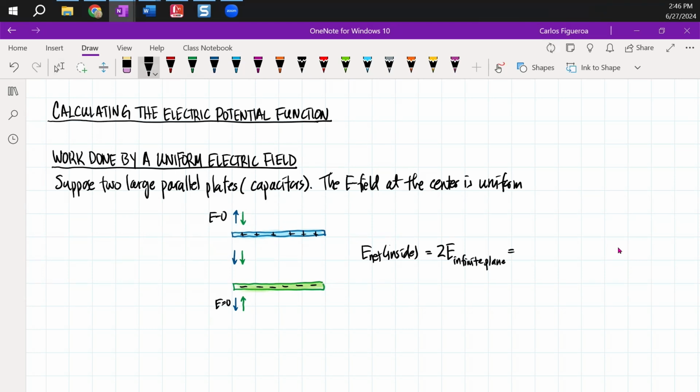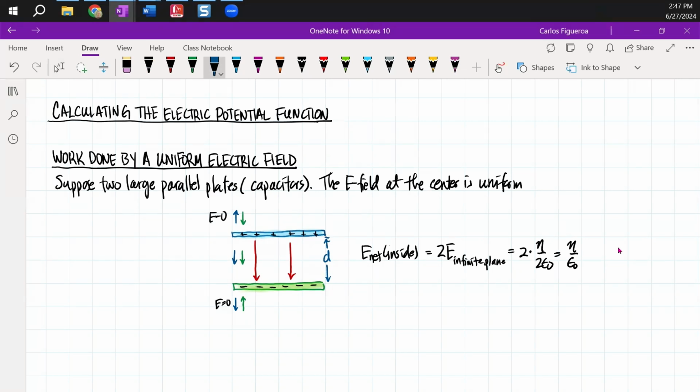So when I look at that, that's going to be 2 times eta over 2 epsilon. So therefore, that's the field inside there. Since we're not really interested in anything else but a uniform field, before I forget, I'm going to say that this distance is the separation from the plate.